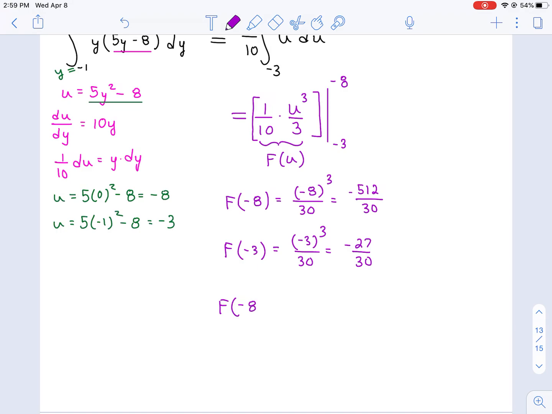Capital F of -8 minus capital F of -3 is -512 divided by 30 minus -27/30.